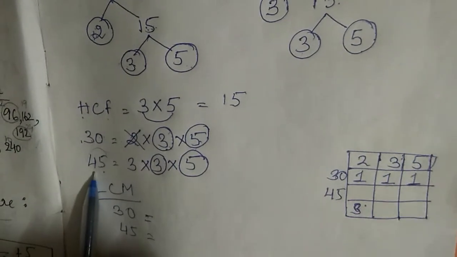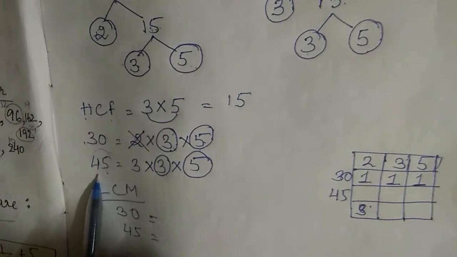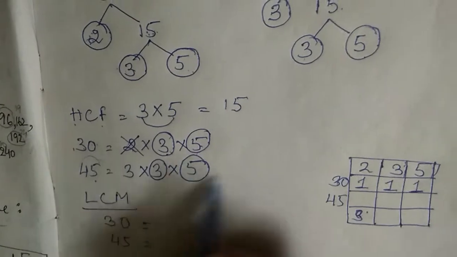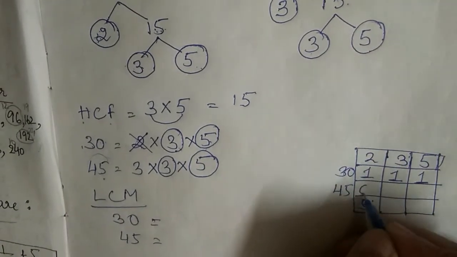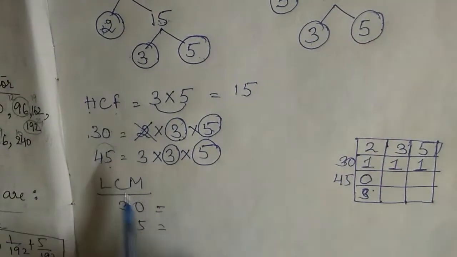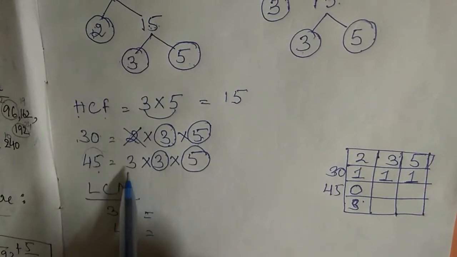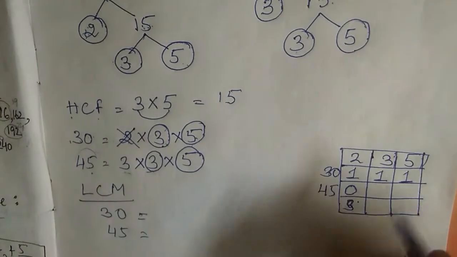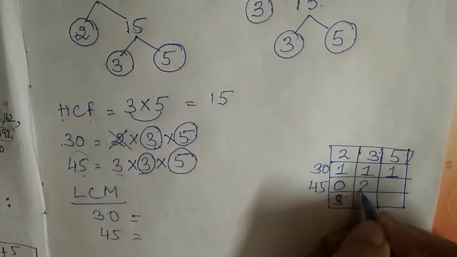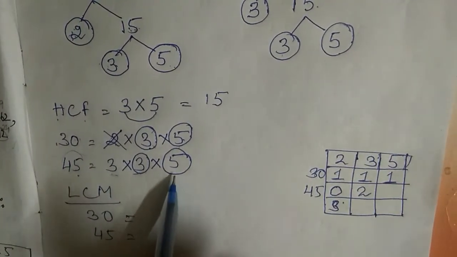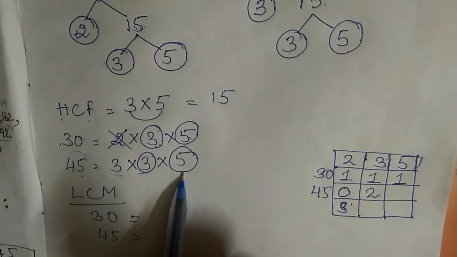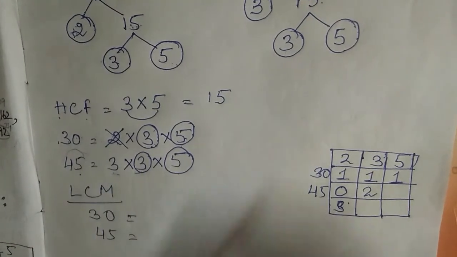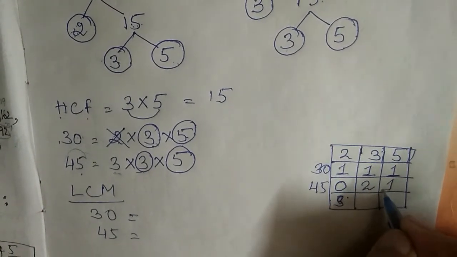Now similarly for 45: how many times does 2 come? 0 times, so it will be 0. How many times does 3 come? 1 and 1, 2. So 3 comes 2 times. And 5 comes only one time, so we take 1 here.